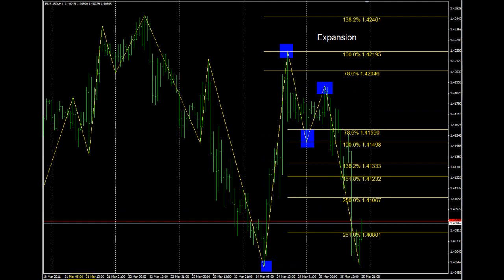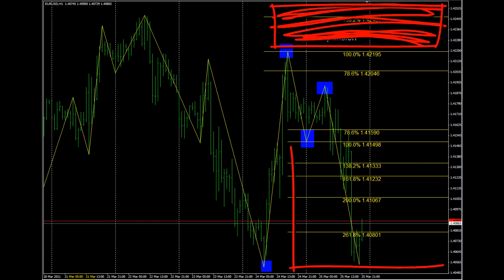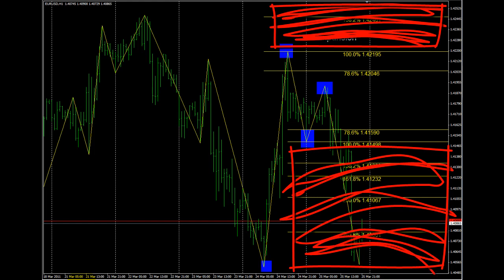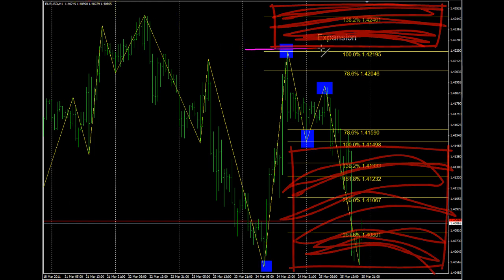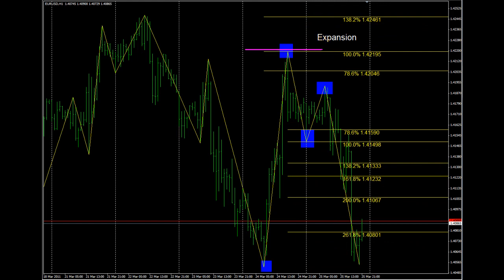They try to project price outwards of the swing price range. So in this particular case, we have a range that goes from here and here. And we also got the third point coming down here.